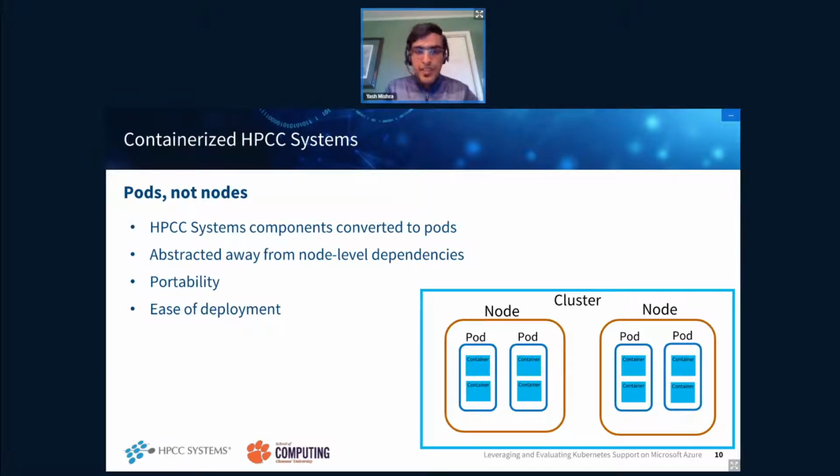Now, containerized HPCC systems. In the new Kubernetes version, several things in HPCC systems appear to be different than in the legacy version. HPCC components are converted to pods, completely decoupling them from node-level architecture. For example, engines like ECL Query, ECL Services, ECL Watch, HTOR, Thor Agent, MyDali, Roxie are running as logically independent processes in their corresponding pods.